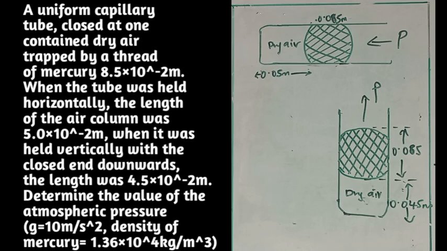Take g to be 10 meters per second squared and density of mercury to be 1.36 times 10 raised to power 4 kg per meter cubed.